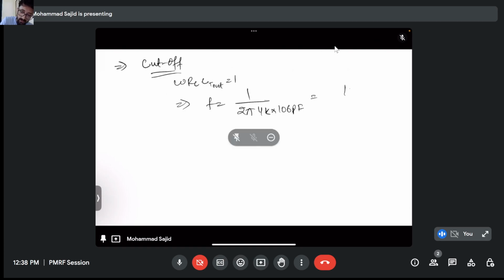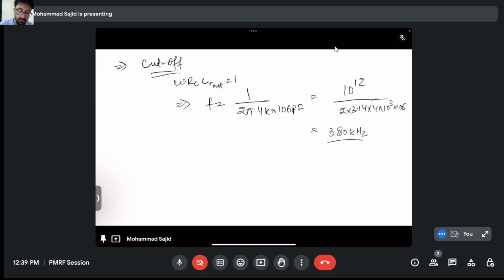That comes out to be 10 raised to the power 12 divided by 2 into 3.14 into 4 into 10 raised to the power 3 into 106, which comes out to be nearly 380 kilohertz.